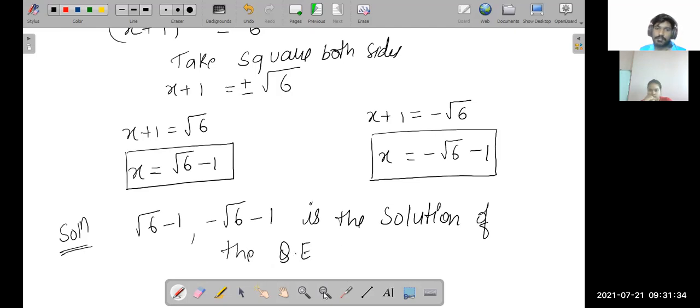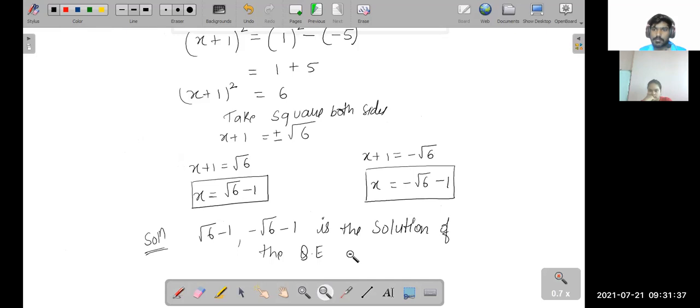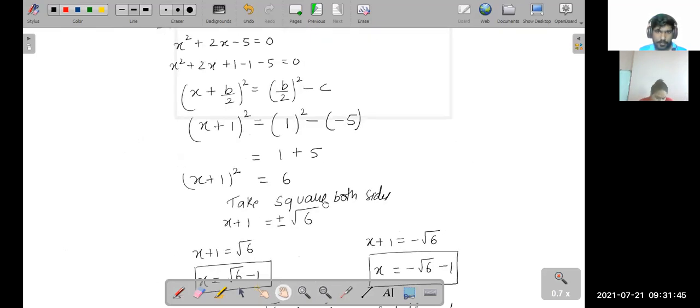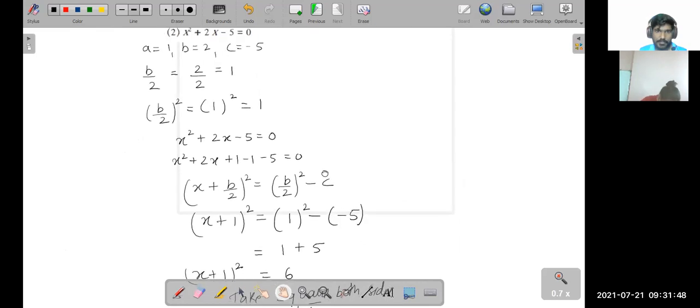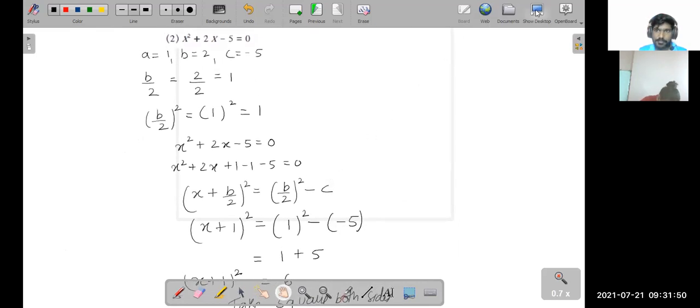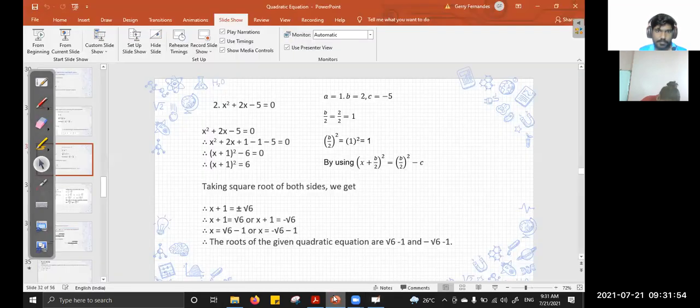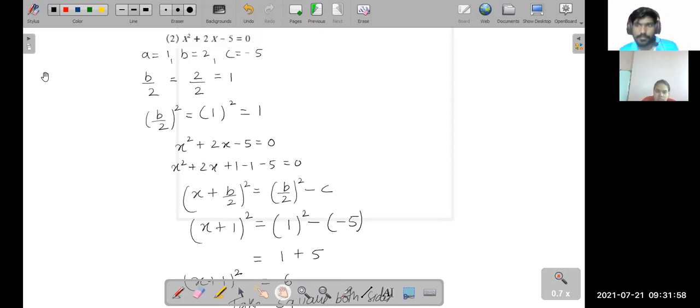Did you understand the sum? Yes. Write it down. Make sure you memorize this formula.